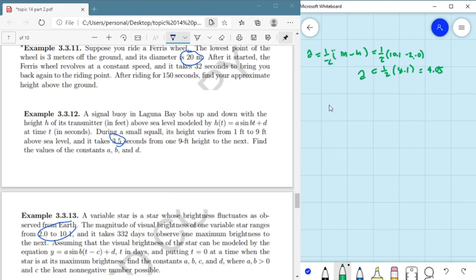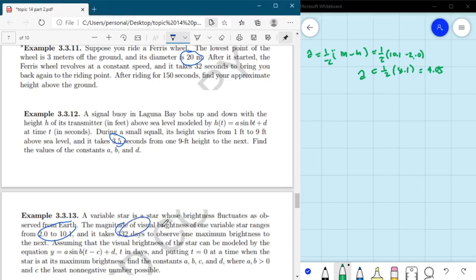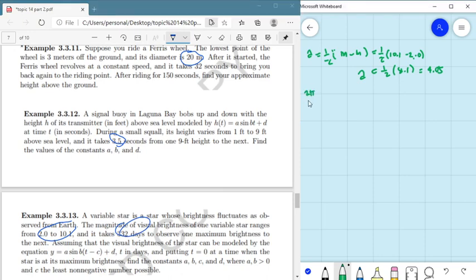And then, since it takes 332 days to complete the next cycle, we are to consider that 2 pi over b, which is the formula of the period, equals 332.